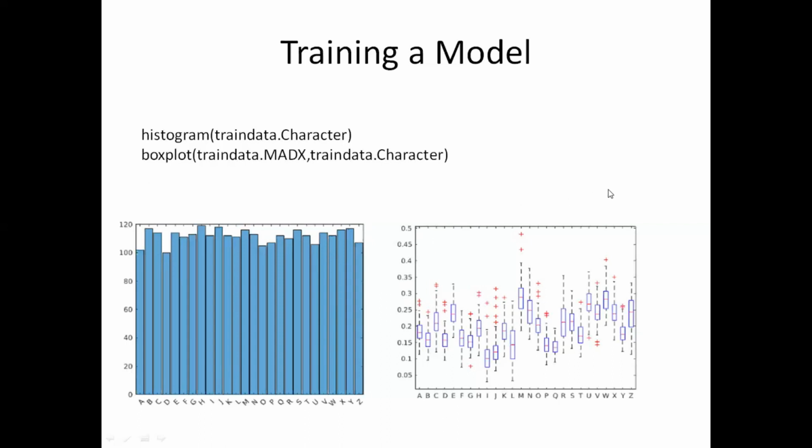Similarly, we can also obtain a plot known as a box plot. This plot gives you a lot of information for any given data. It tells you the maximum value and the minimum value of that particular data.